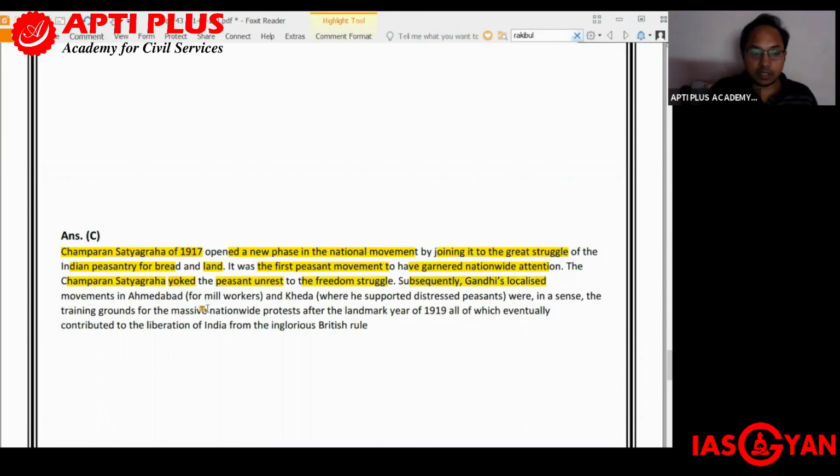Subsequently, we get to see Gandhi's localized movements in Ahmedabad for mill workers and Kheda, where he supported distressed peasants, were in a sense the training grounds for the massive nationwide protests after the landmark year of 1919, all of which eventually contributed to the liberation of India from the inglorious British rule.